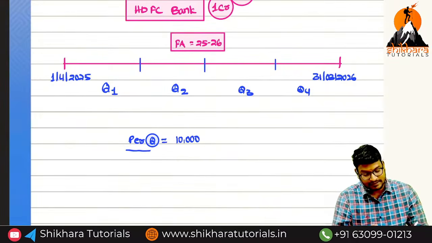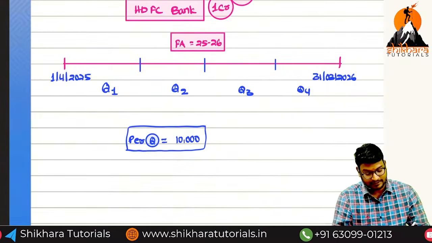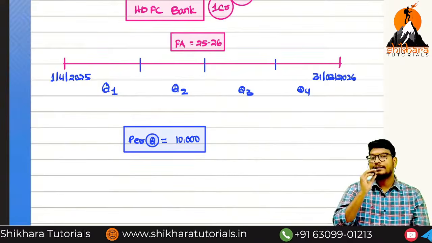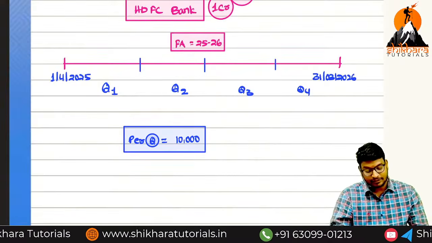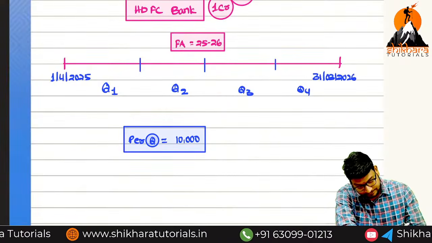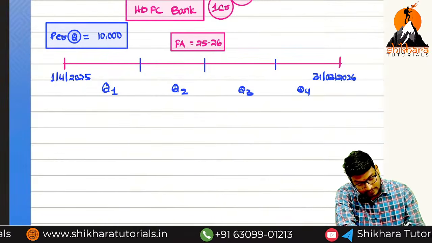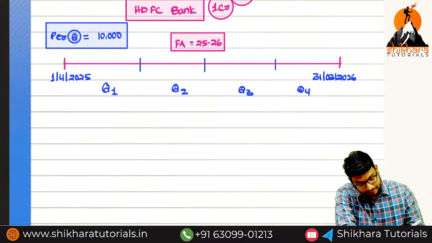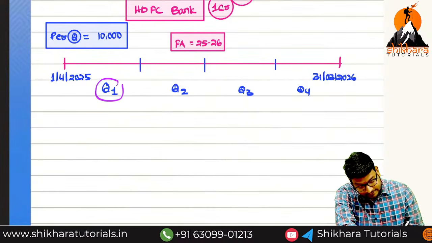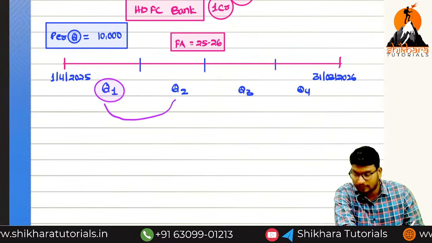Per quarter, how much interest are we going to receive? 10,000 rupees. But what will the bank generally do? First quarter interest, they will pay in the second quarter.